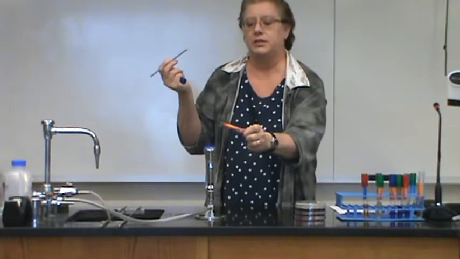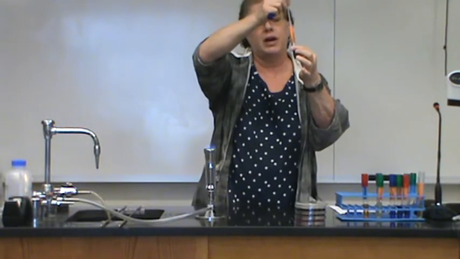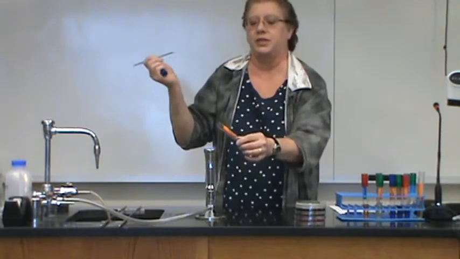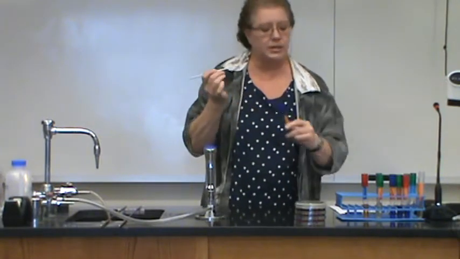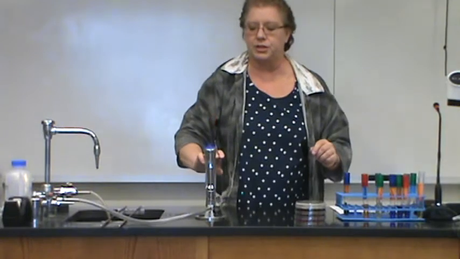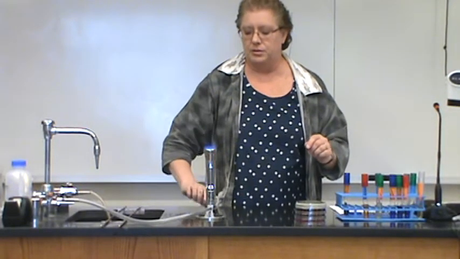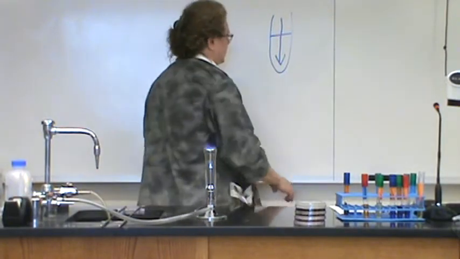Remove the lid, flame the top, and then you're going to stab this right down into that media, all the way to the bottom. Okay, so that you're getting the bacteria way down at the base of that tube. Okay, it's called the butt of the tube. So stab it right down in there, flame the top, put the lid on, and then make sure you sterilize your loop, or your needle, before you set it down. Okay, so in this case, it's a streak and a stab.